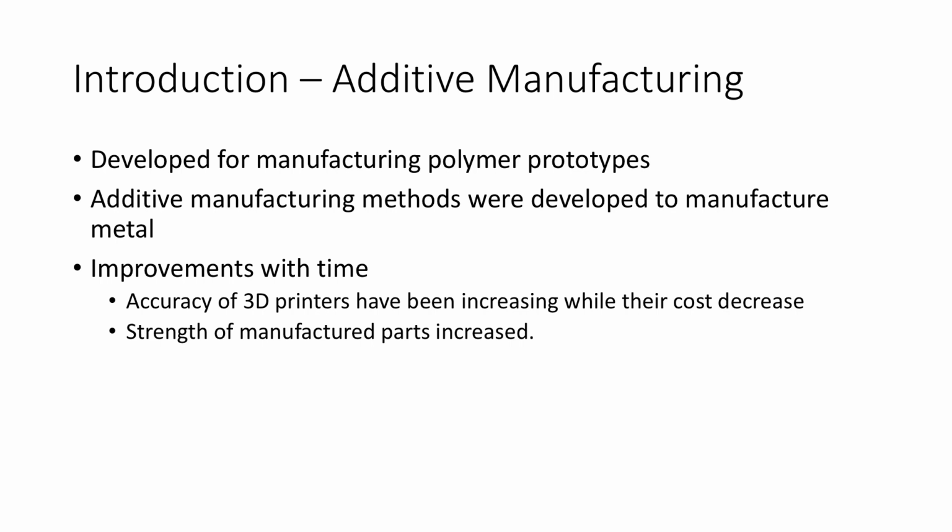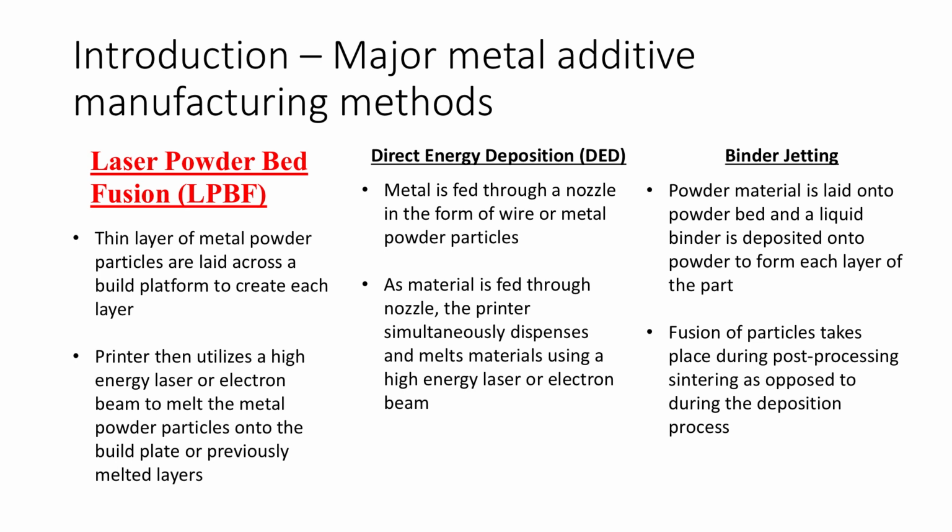However, with time, these methods improved, and also new methods came up which use metal particles or metal wire during the manufacturing process, and these methods were able to create metal parts. And the strength of the parts today is acceptable for many engineering applications.